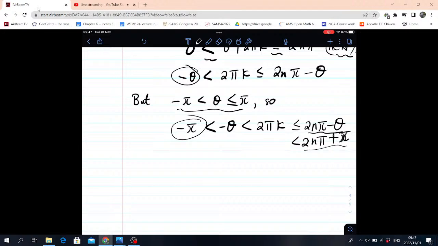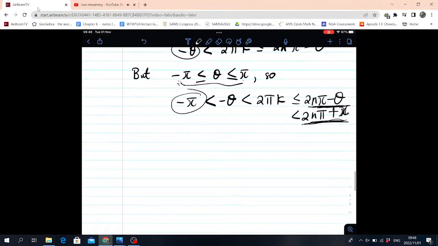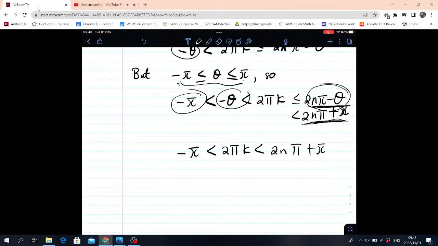So whatever the value of theta, because it ranges from minus pi to pi without including minus pi, even if I add minus pi, whatever term I have here is going to be less than what I have here. Therefore I can rewrite this as minus pi is less than 2 pi k, which is less than 2n pi plus pi. So I've just removed that and that.